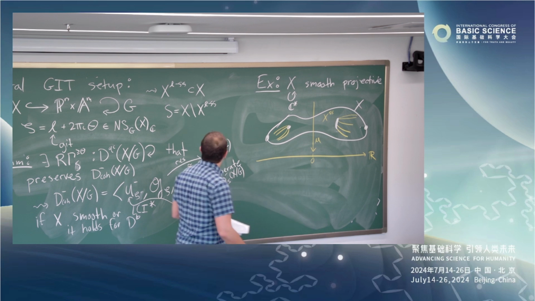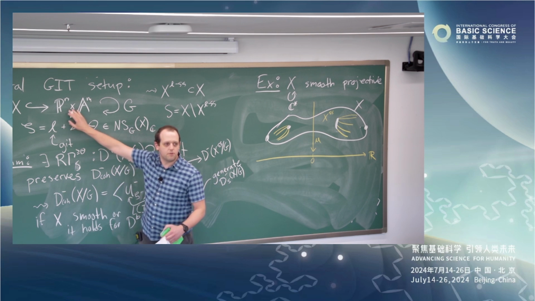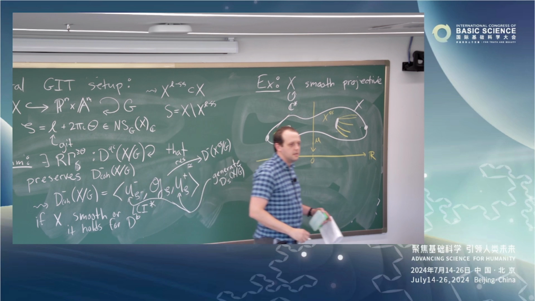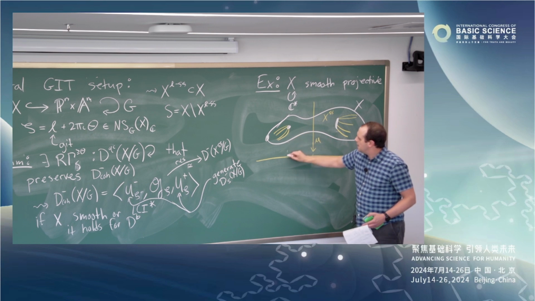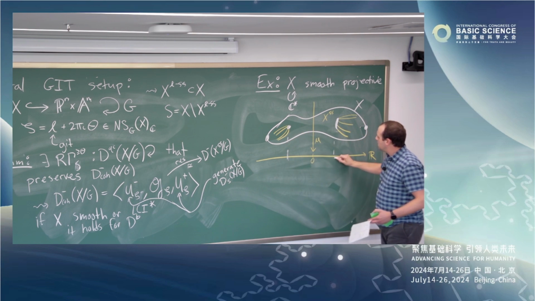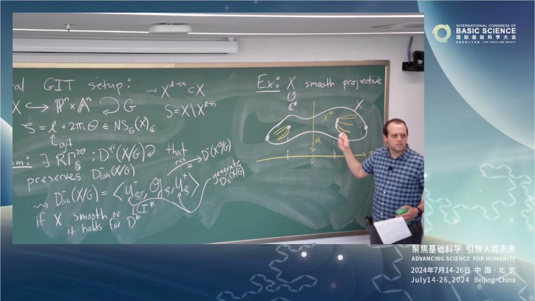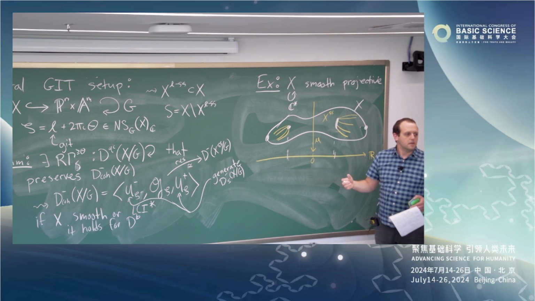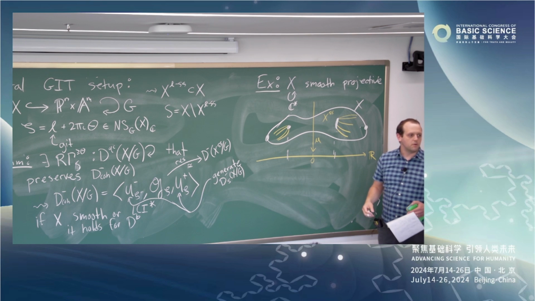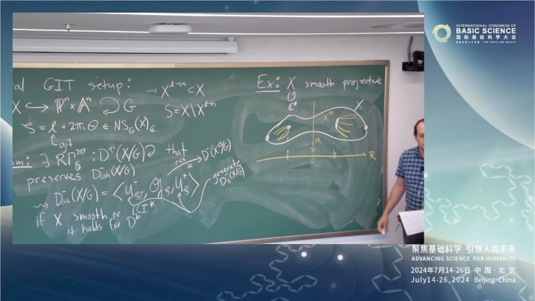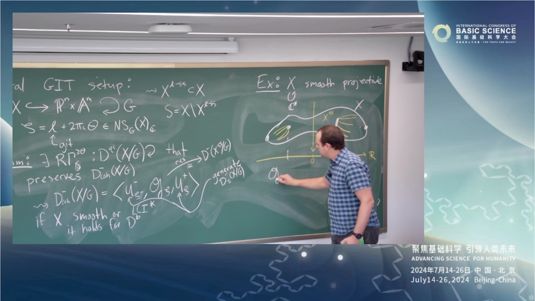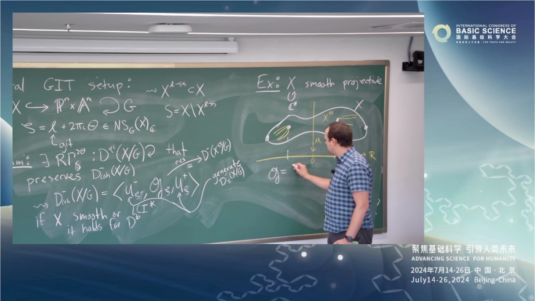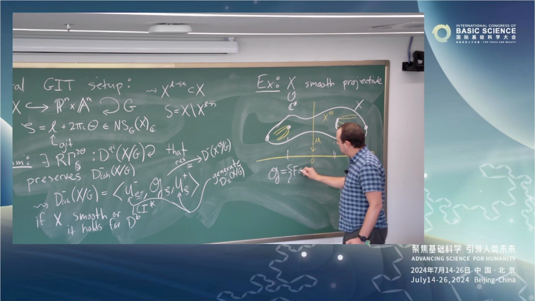In this case, if you're in here, there's just a formula for it. Yeah, because the Kähler form uses the line bundle. Another way to say it is that these heights here, where it hits R, the values of the moment map at the fixed points, are the weights of the line bundle that you're using to define the polarization, maybe up to scale. So in this case, let me give you a picture.